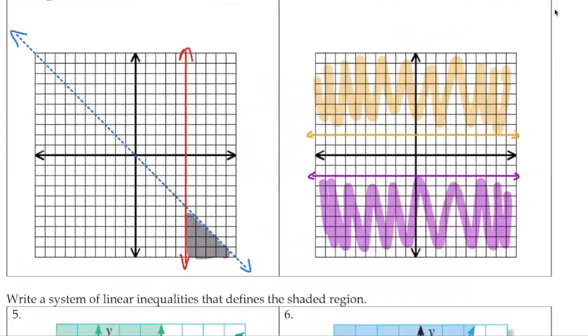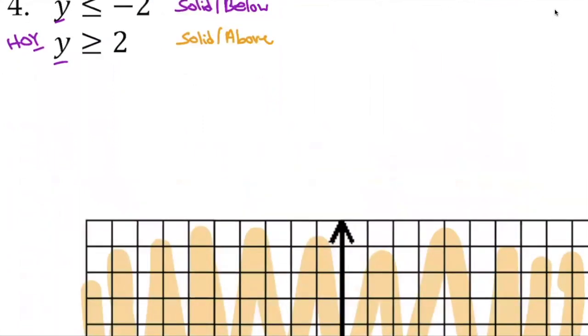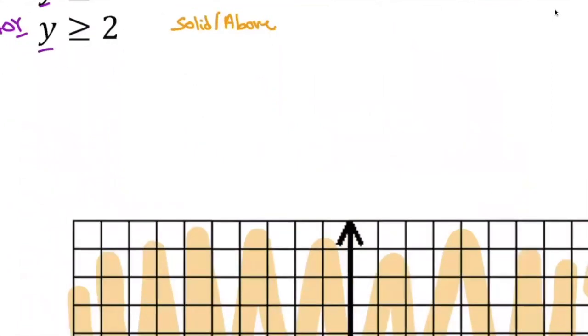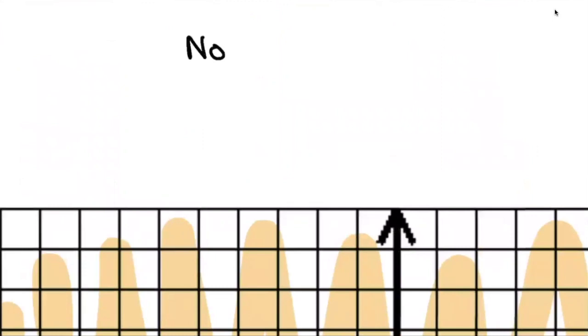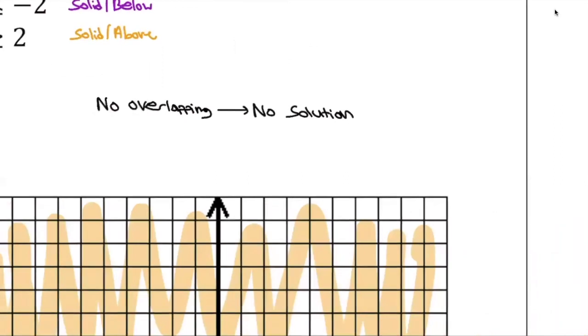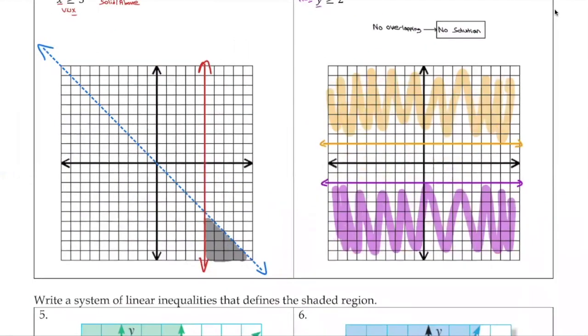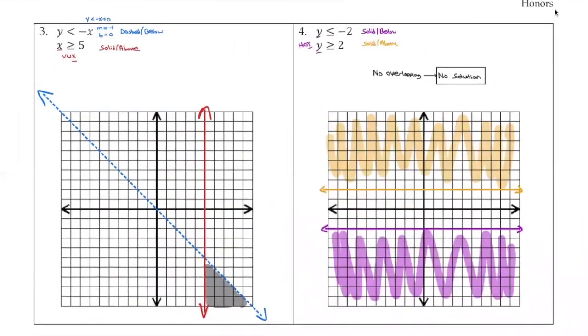So this one doesn't have any overlapping area, and what that means is no solution. If there's no overlapping area, there's no solution. There's no coordinate that would satisfy both of those equations.